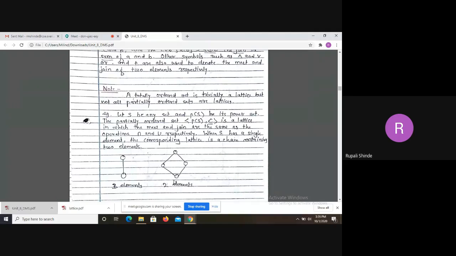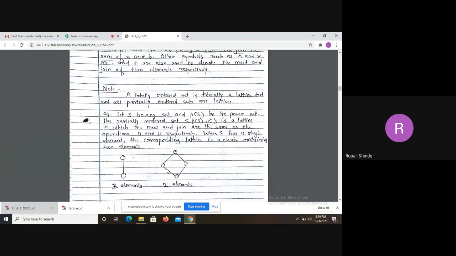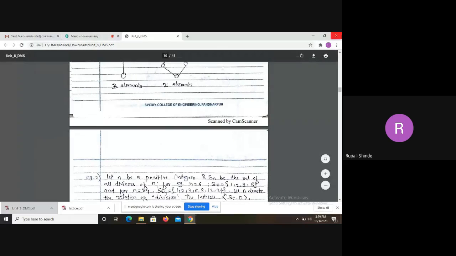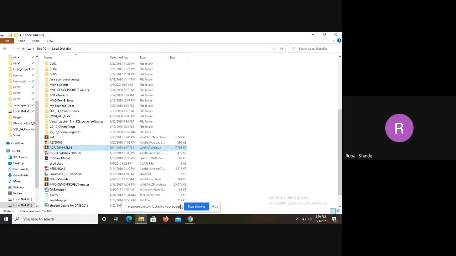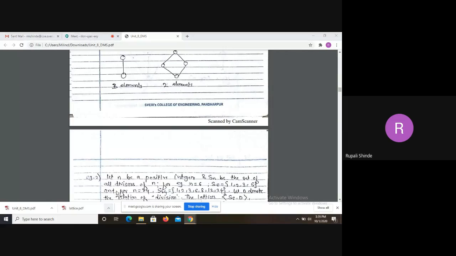Again it is A, and the least upper bound is D. So we can say that the greatest lower bound and least upper bound exist for these two diagrams. That's why these are lattices. So here I have given some examples. From that you will get an idea of what a lattice is and how to recognize whether a given diagram is a lattice or not.